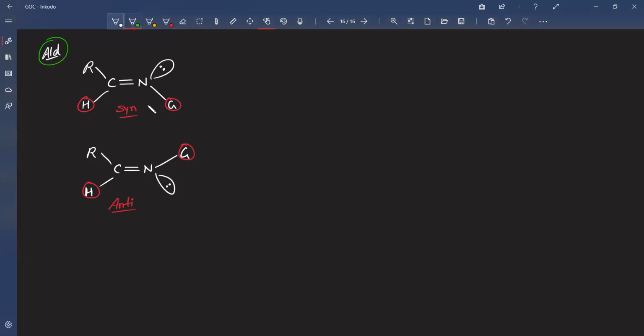What if you are getting it from ketone? So if you are getting it from ketone, that is your final compound, how will that look like? That will be having R, C double bond N. Here there will be R'. This R and R' have to be different. Otherwise there won't be any question of geometrical isomerism.